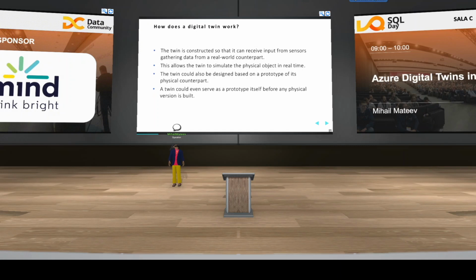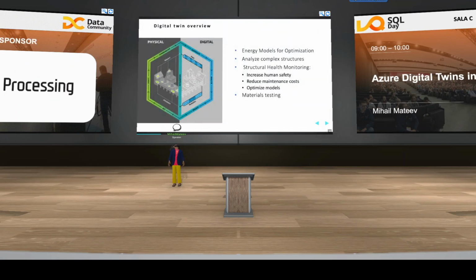So data from sensors can be used in your digital replica. You can make some analysis, make some simulations in this replica to see the results, and after that push back some changes in configuration to the original system to improve the behavior or to fix some possible issues. So it is something which can really be applied almost everywhere.